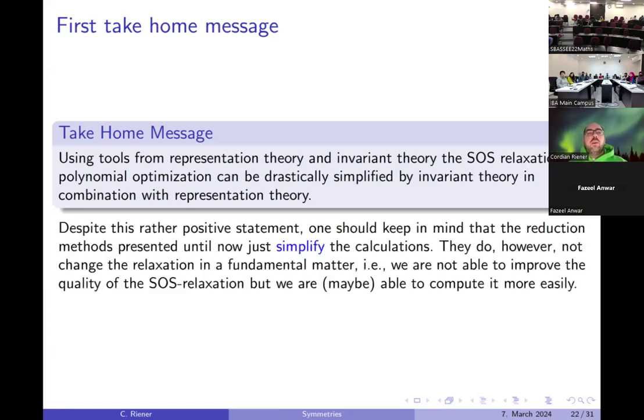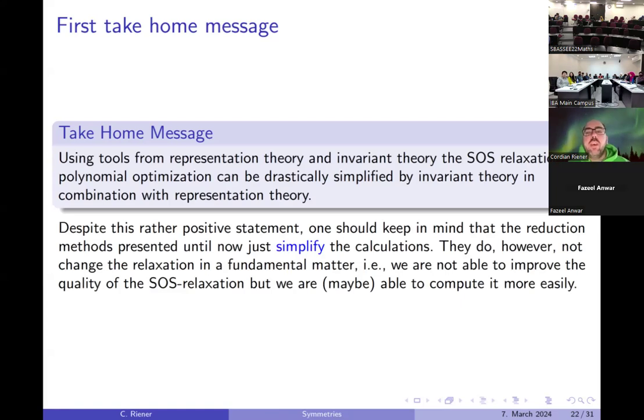Okay, so one should keep in mind that this is all very nice, but all that we did is we just simplified calculations. I reduced some calculations by making sure that I don't compute too many things that I have implicitly already computed. So reducing symmetries just removes things that are in the same orbit.